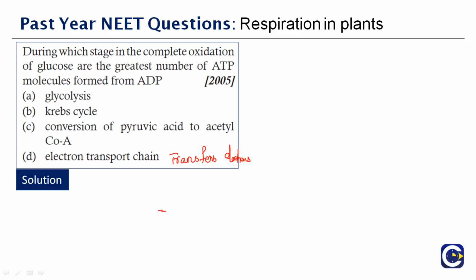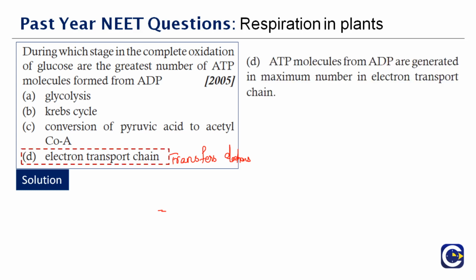In glycolysis, glucose will split up into 2 molecules of pyruvate, and this will result in a net gain of 2 ATP molecules. So here, the stage of complete oxidation of glucose that gives the greatest number of ATP molecules from ADP is the electron transport chain.